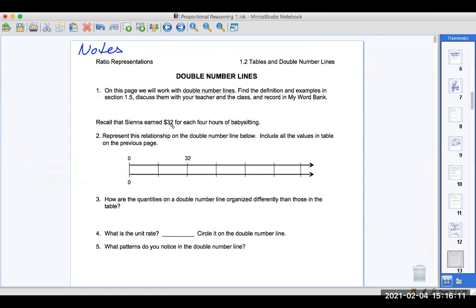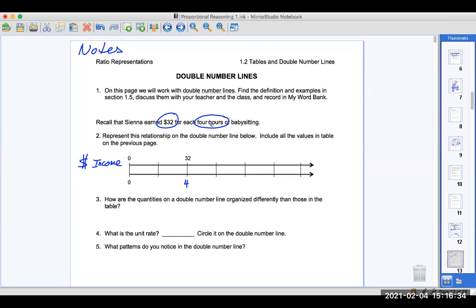Recall that Sienna earned $32 for each 4 hours of babysitting. So that's 32 and 4. So what goes on top is the money she earns, because I can tell the 32 is your dollar. So I'll call it income in dollars. Always write down what we are measuring the number in. It's dollars.